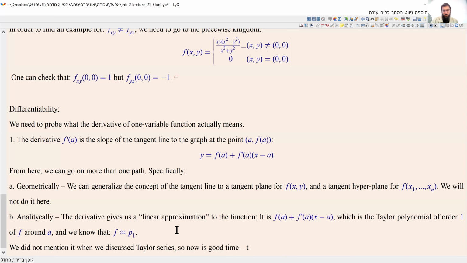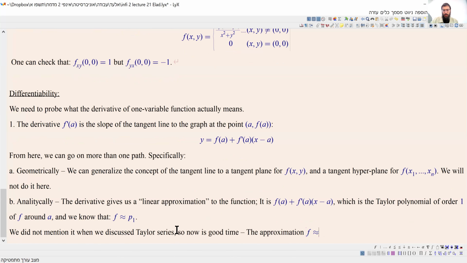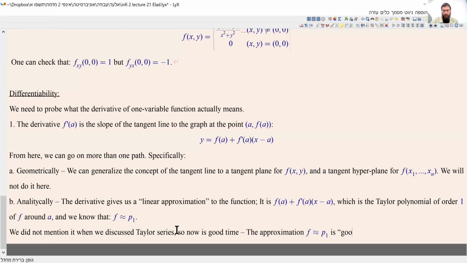The approximation of f with P1 is good in the following way.